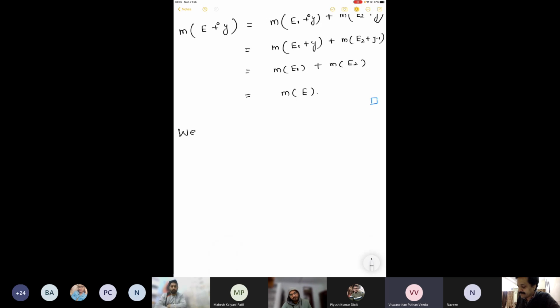We define x related to y if and only if x minus y is a rational number. Same thing we did when we proved m star is not countably additive. So we start with this equivalence relation. Then this is an equivalence relation.